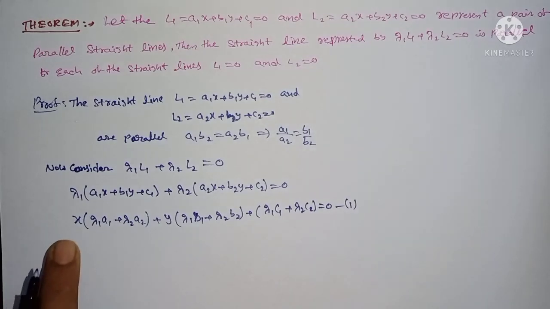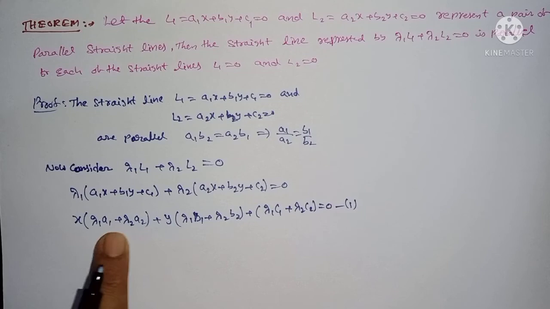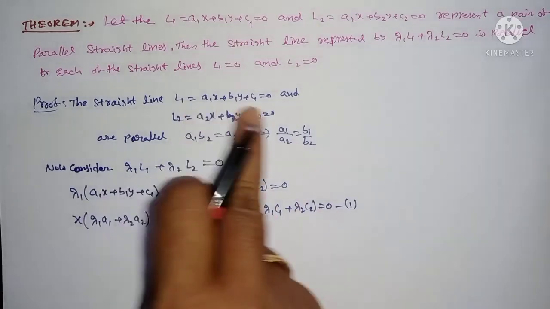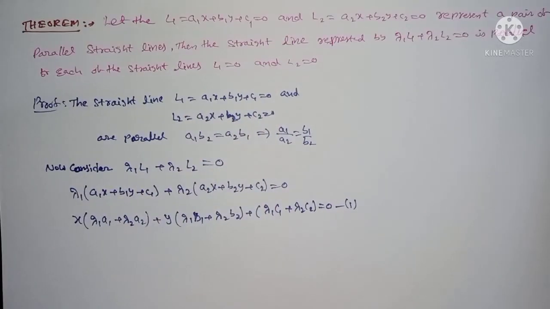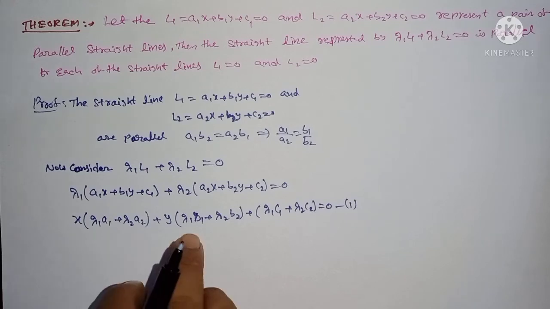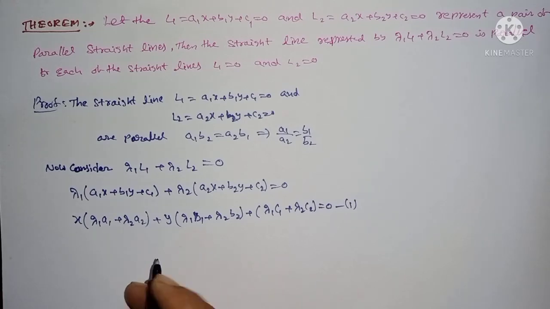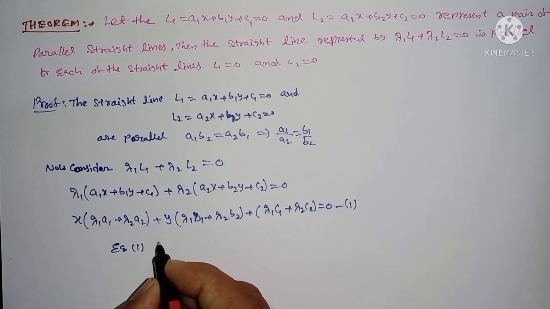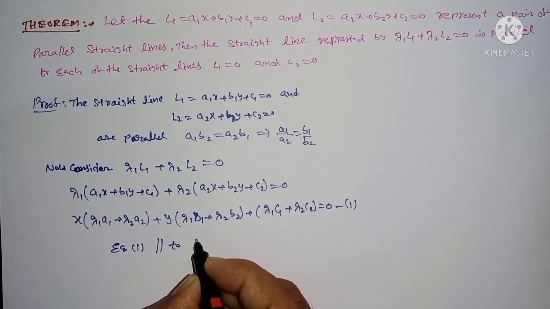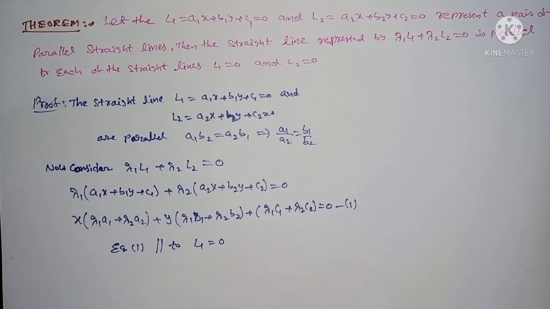This is represented in the form ax plus by plus c is equal to 0. Is this equation parallel to L1 is equal to 0? Whether it is possible or not, you can observe.